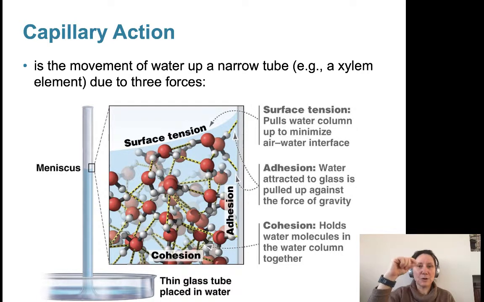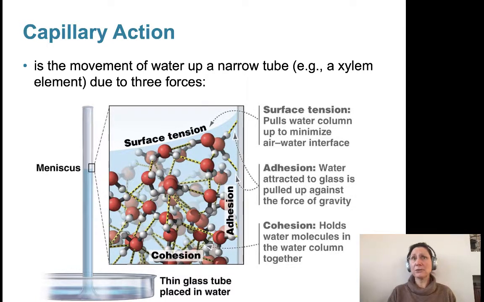If you put droplets of water on a surface of any kind, as you keep adding each droplet, you see that it curves over instead of flattening out. That's part of that surface tension and pulling of the water column up. Because of these three properties, surface tension, adhesion, and cohesion, if you put a capillary tube in a vessel of water, like a petri dish here, water will be drawn up the capillary tube.